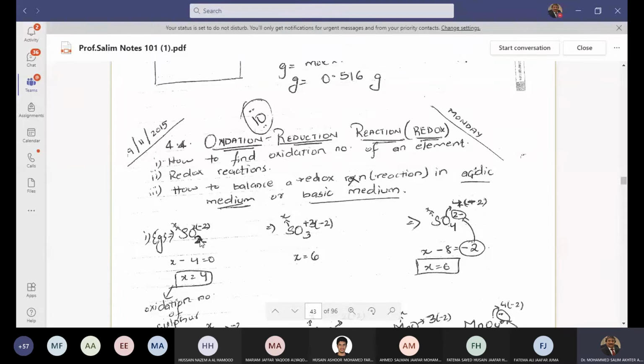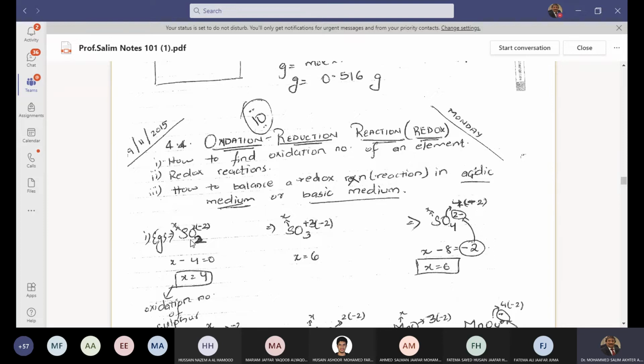I have given you this example for chapter 2, non-metal with non-metal. So write it down, SO2. Is there any charge on SO2? The answer is no. There is no charge, my friend.